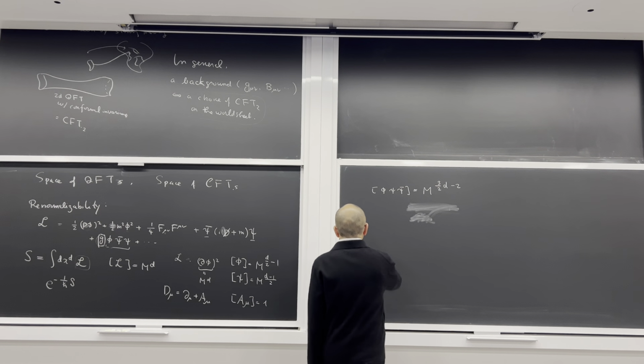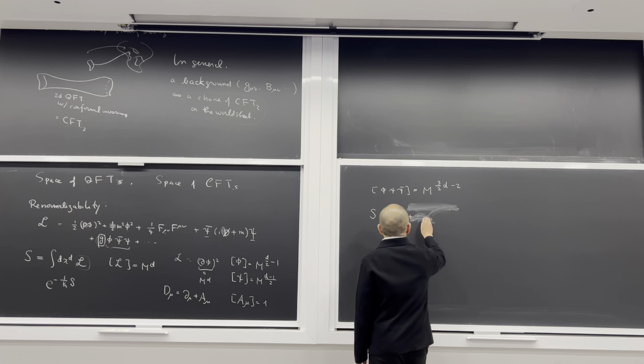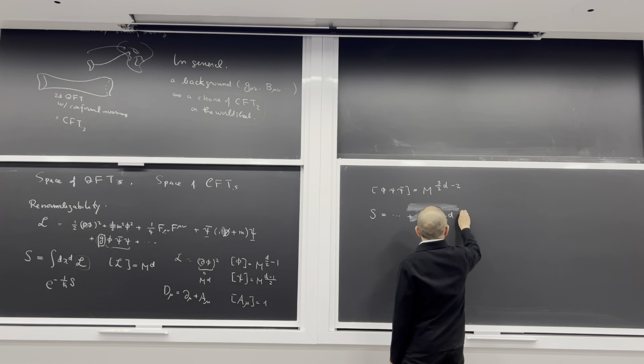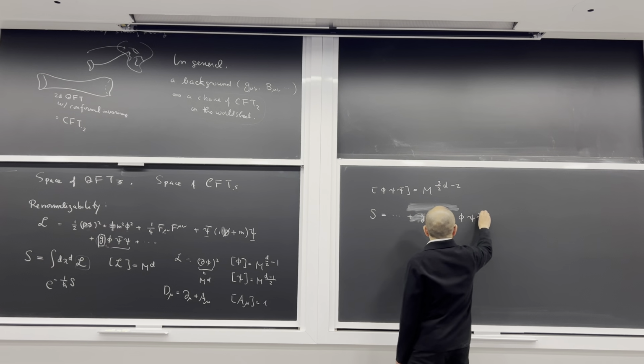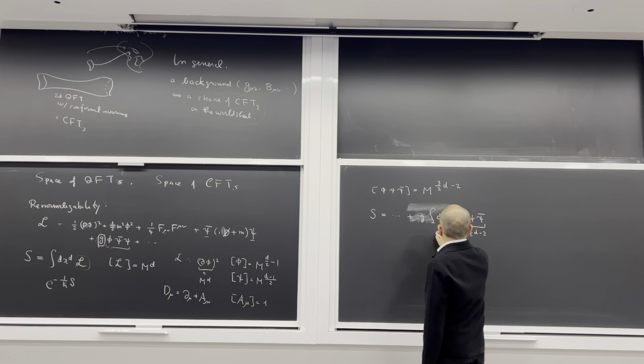Well, S has to be dimensionless, and if you look at this, you have G times d^d x times phi psi bar psi. Okay, so this has m to the power of half of (3d minus 2), and dx to the d is equal to m to the minus d.